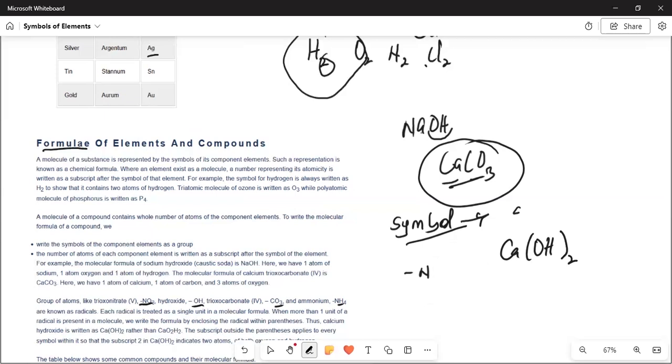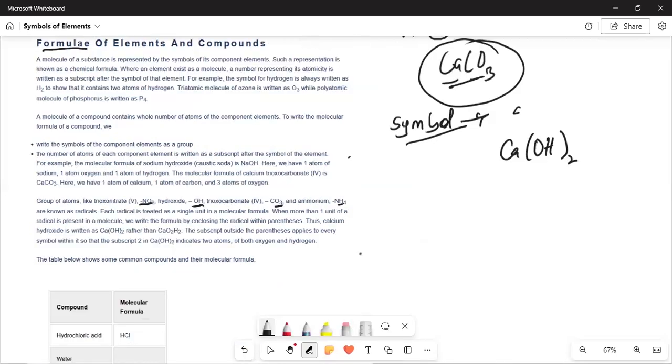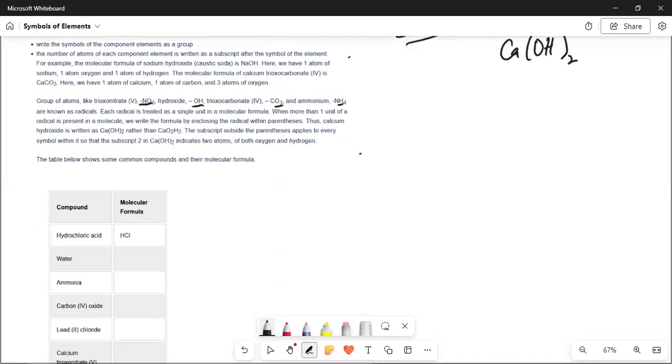So for calcium hydroxide, you have more than one hydroxyl group, and so we enclose the hydroxyl group in a parenthesis, then indicate the number of it present in that chemical formula.